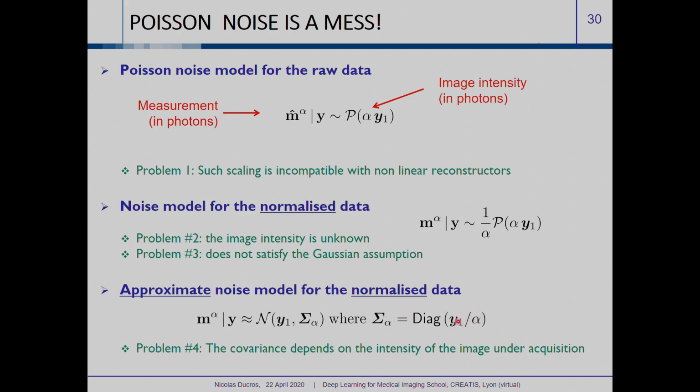Why do we divide by alpha? Because we normalize the measurement. Otherwise you would have got here directly y1. I already mentioned that the covariance, which depends on alpha, depends on the intensity of the image, which is unknown, but we will estimate this from the raw data.